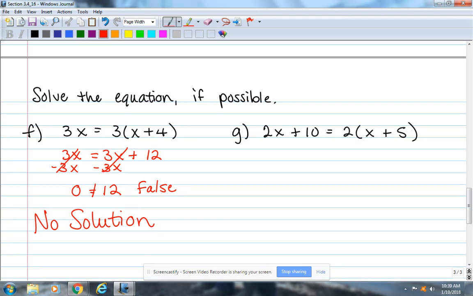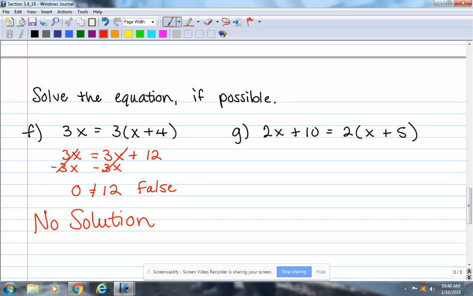That means there is no such number for x that would make that equation true. There is no number that we could use for x that would make that a true equation. That equation is impossible to solve. You get no solution whatsoever. There's no x in the world that will make that a true equation. Does that make sense?